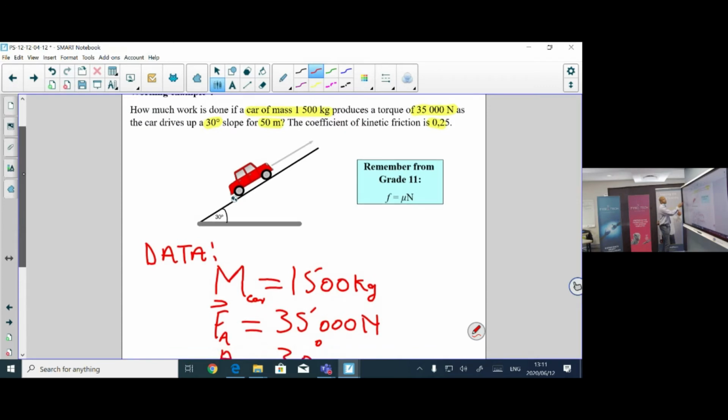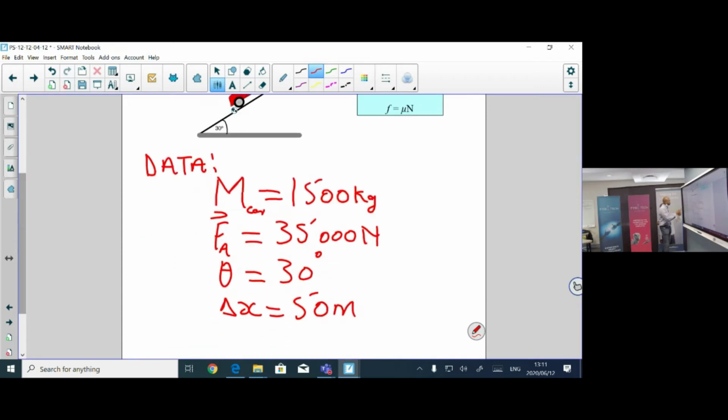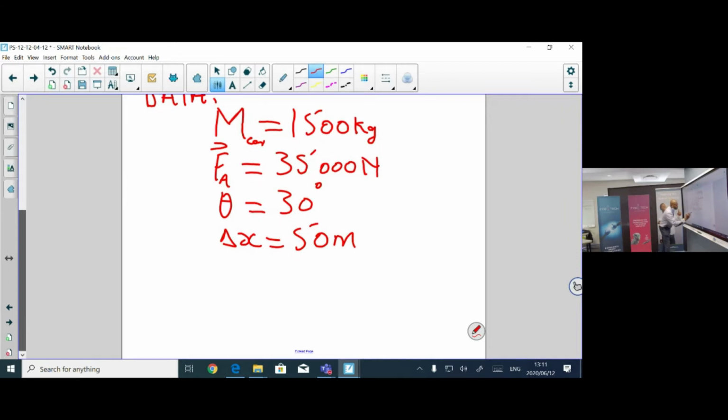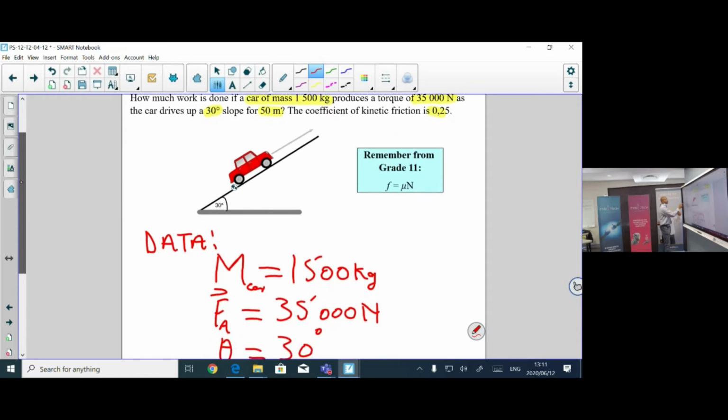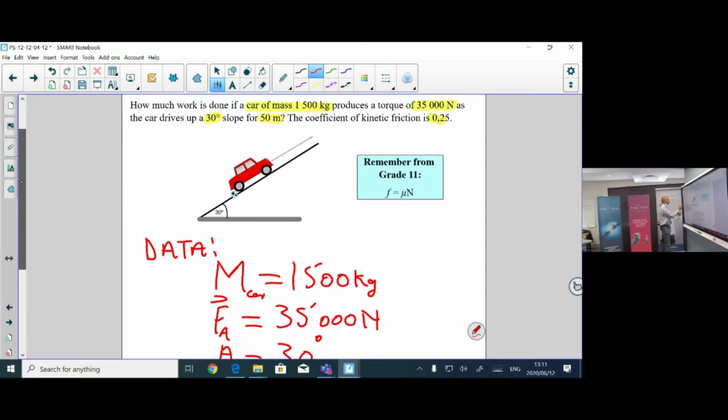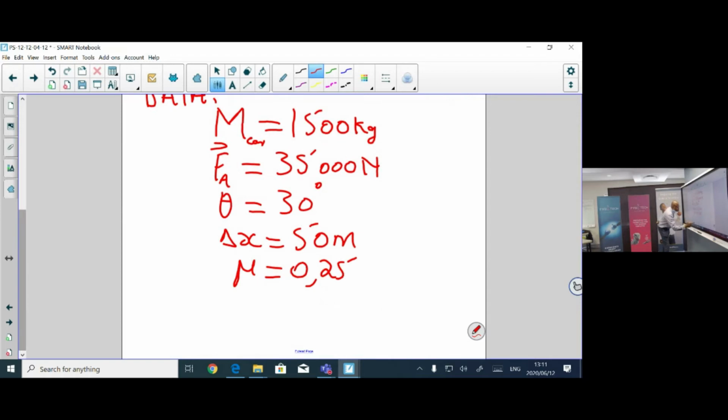We have mu, the coefficient, that is mu, which is equal to 0.25. Okay, what else? They need us to calculate the work, which is W, which is unknown.